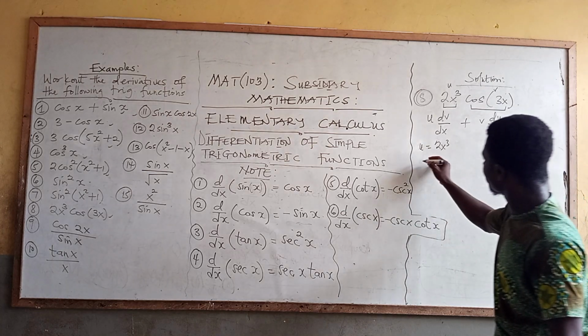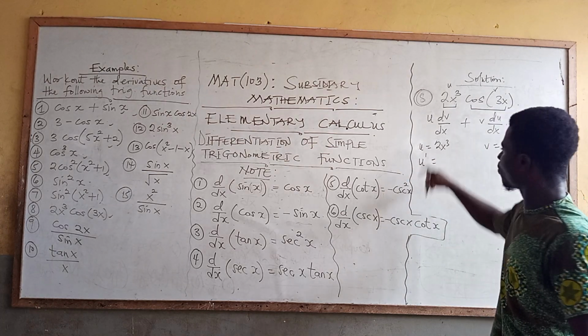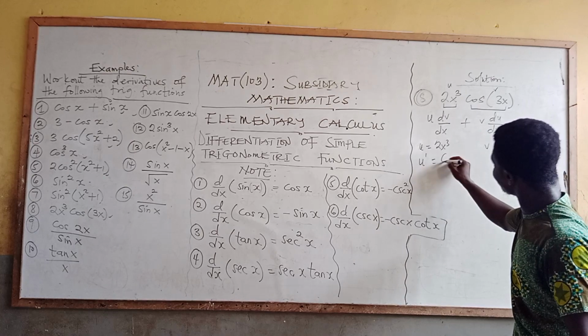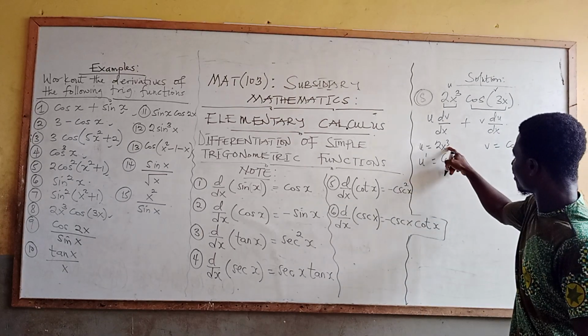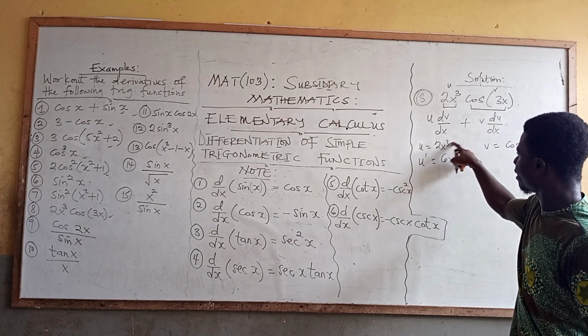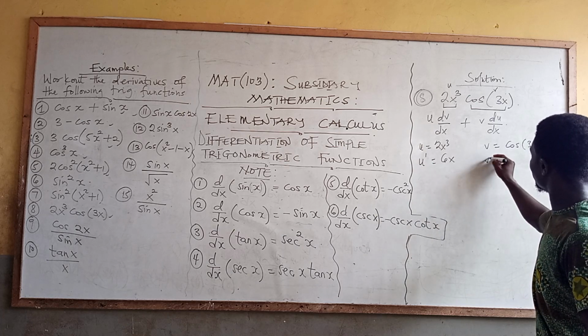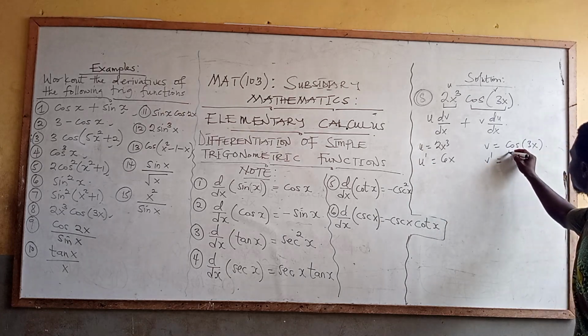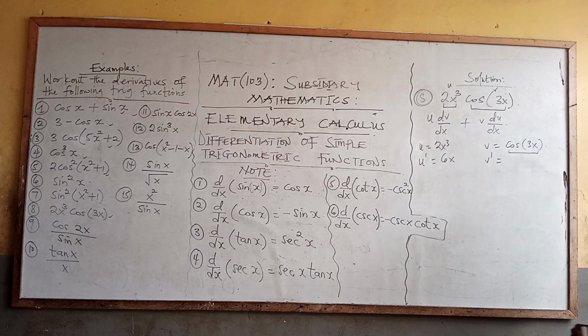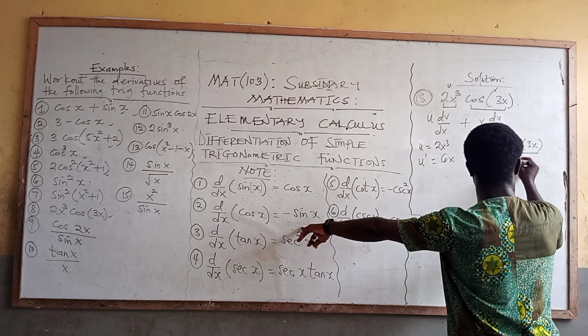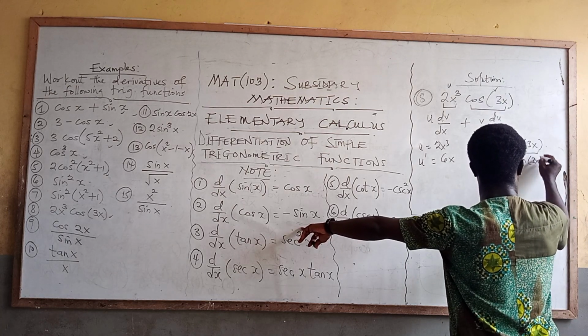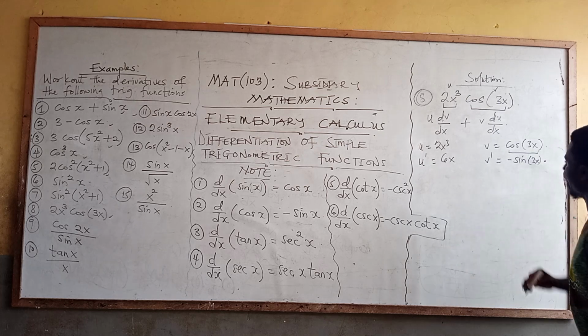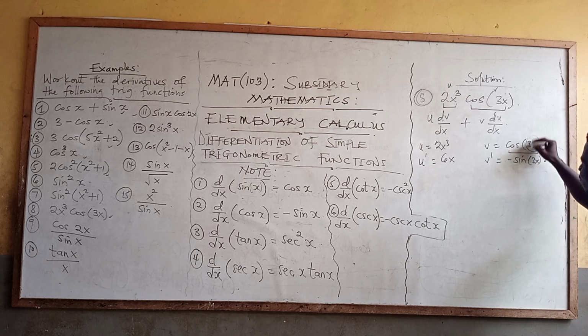Right? So we differentiate u prime with respect to x. We get 6x squared. Don't forget, 3 multiplies to get 6, then we subtract 1. Then v prime: when you differentiate cos 3x, you get negative sine 3x times the derivative of the bracket.